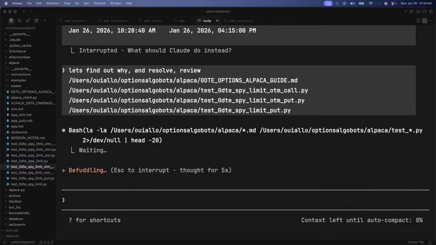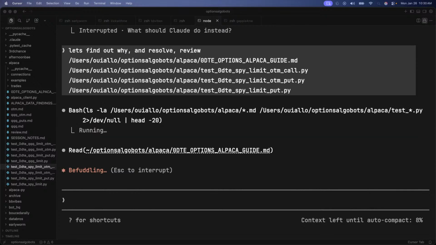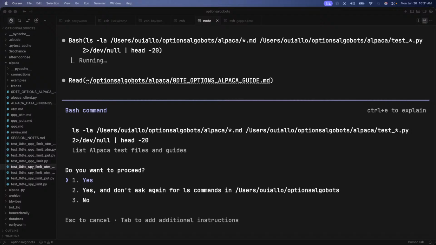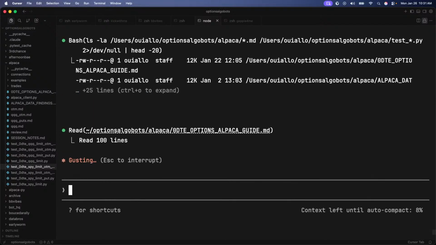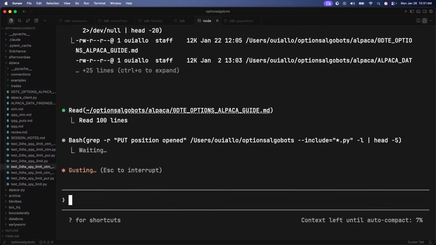Okay, I can start Gappy over. All right, beautiful. Gappy restarted, no problem.